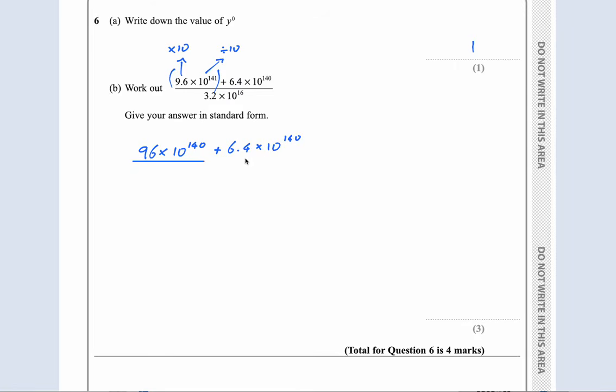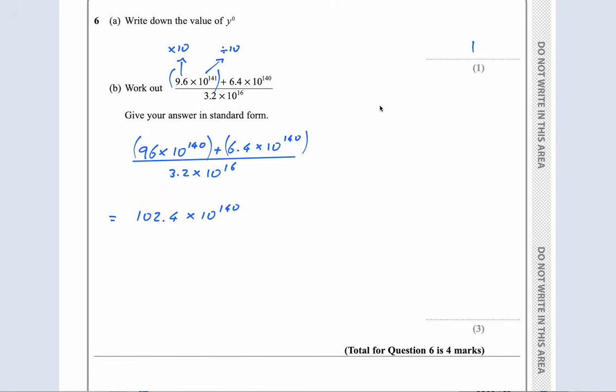Okay, and this is all divided by 3.2 times 10 to the power of 16. Now I can do it, because it's like this plus this. 96 times this plus 6.4 times this equals 96 plus 6.4, which is 102.4 times 10 to the power of 140, because they're like terms.